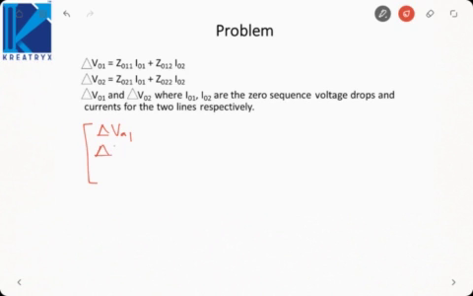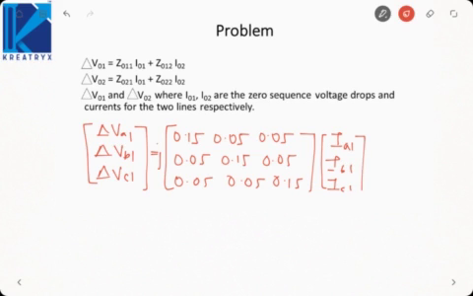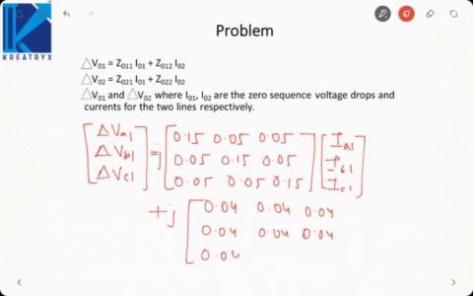Delta VA1, delta VB1, delta VC1 is equal to j [0.15, 0.05, 0.05; 0.05, 0.15, 0.05; 0.05, 0.05, 0.15] times IA1, IB1, IC1 plus j [0.04, 0.04, 0.04; ...] times IA2, IB2, IC2.